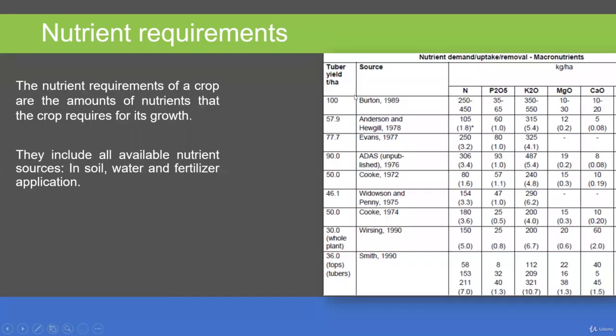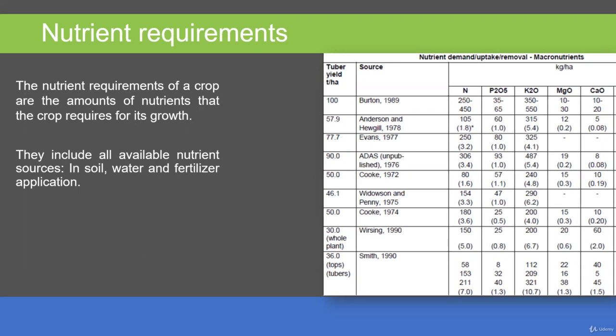In other words, the nutrient requirements are not necessarily the nutrient rates that we want to apply with the fertilizers. They refer to the requirement of the crop. And some nutrients may already be available in the soil, maybe applied with water, etc.